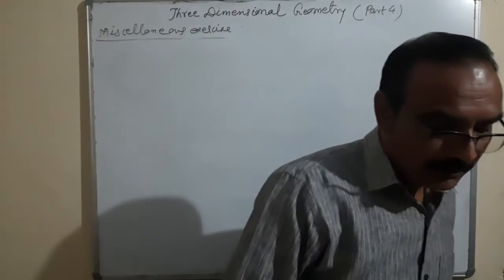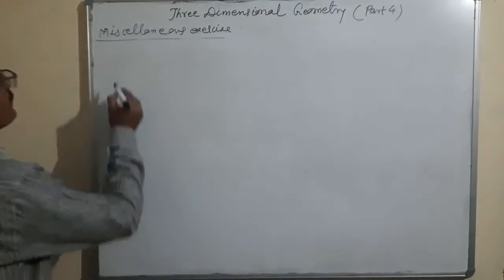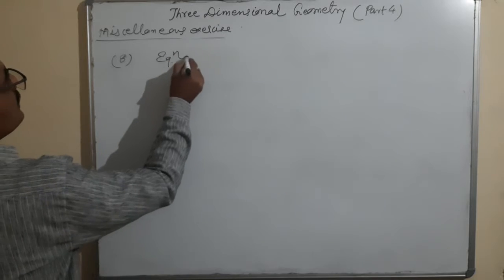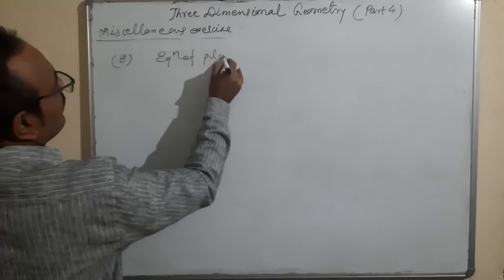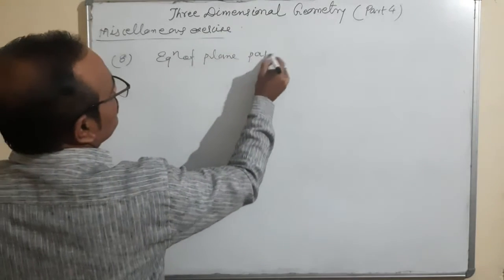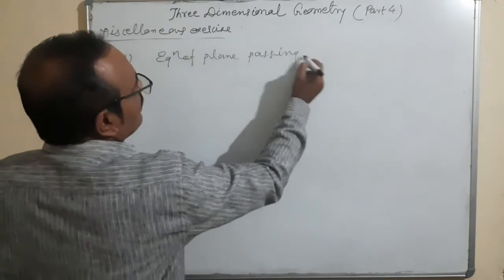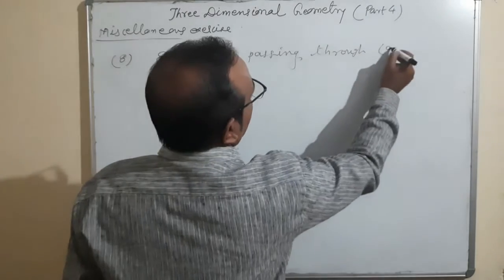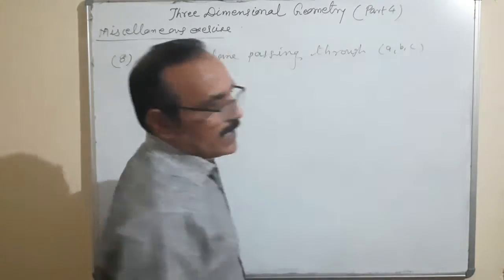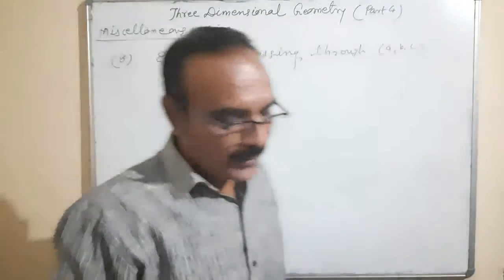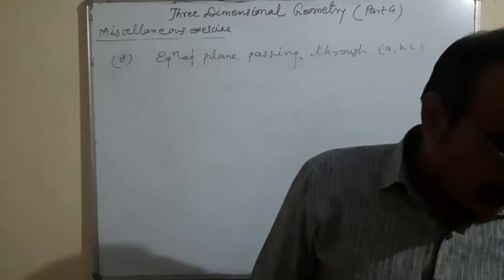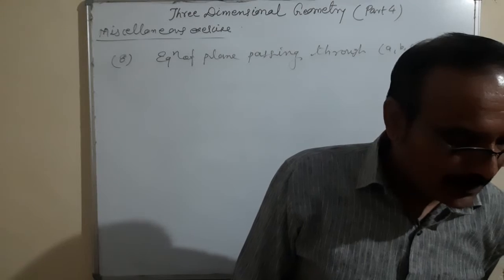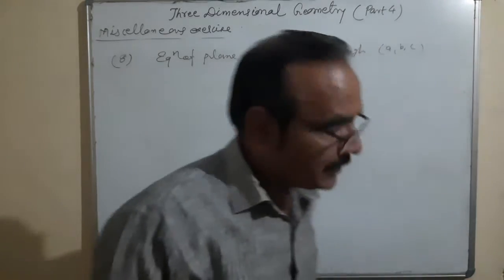The equation of the plane is given: r dot (i plus j plus k) is equal to 2.